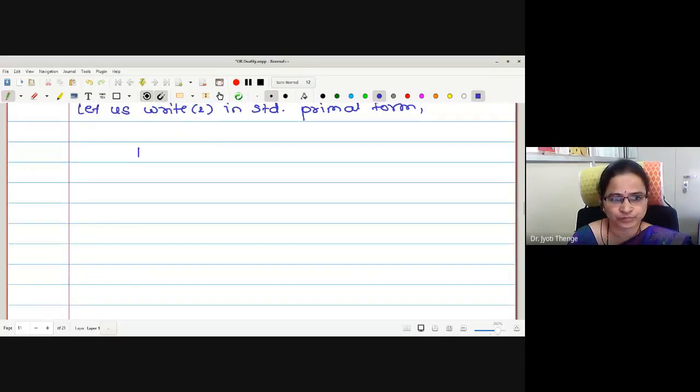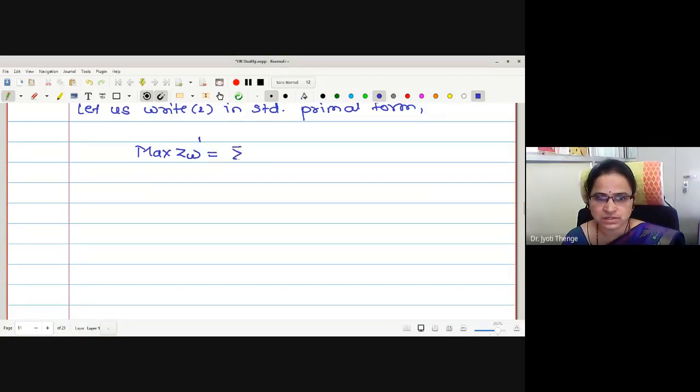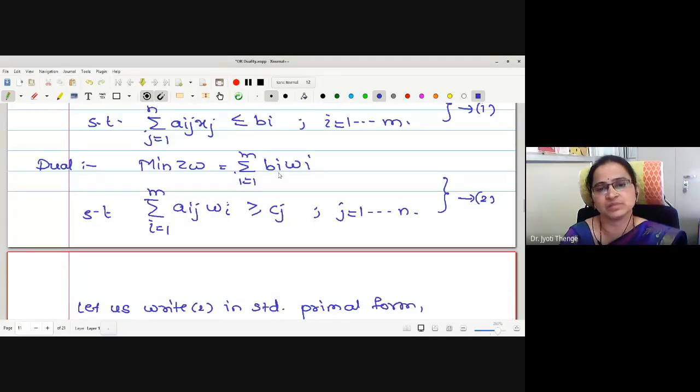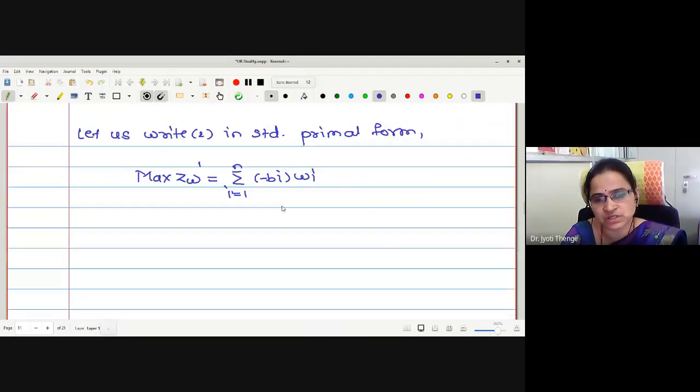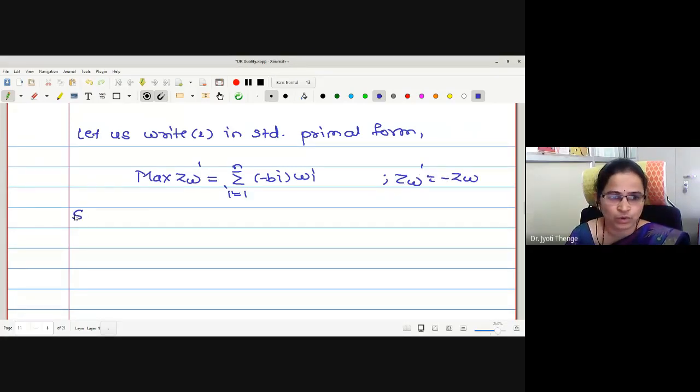It is the summation, i from 1 to m, of minus bi wi, and I'll keep it in a bracket. Now we have to change this with a negative coefficient. And what is Zw dash? No doubt, minus Zw.